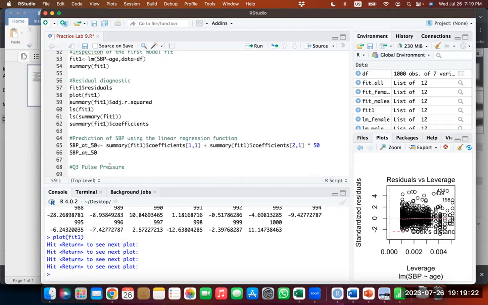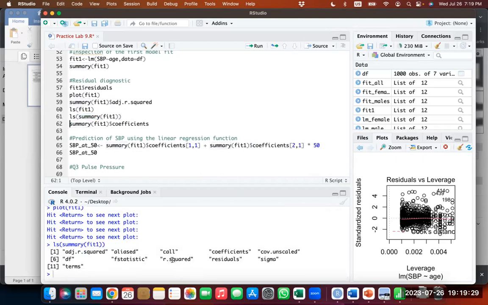Also, if you do summary(fit1), you get a list of things that R can show you from that fit1. So if you have adjusted R squared, you can address each of these components in the model by approaching them with summary(fit1)$adj.r.squared.